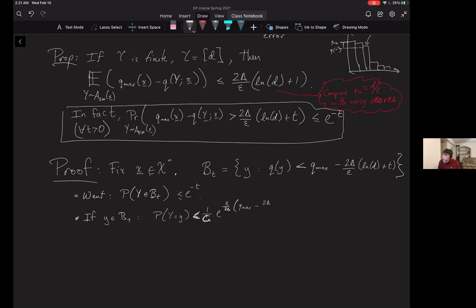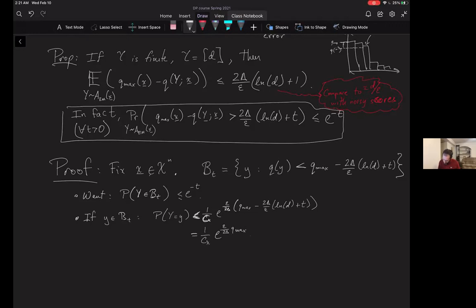So for the bad y's, the probability is at most this messy expression. But we can simplify things a little bit. We get 1 over c_x up front. We get e to the epsilon over 2 delta q max, and then other things kind of multiply through.